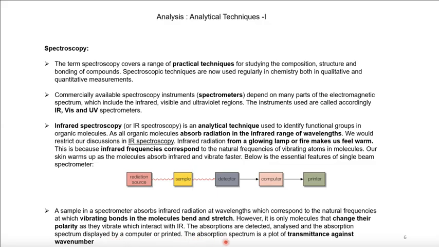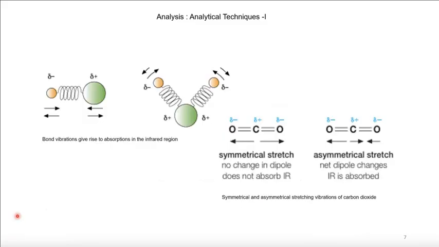And how do we do it? The spectrum is plotted as transmission against wave number. Here the polar molecule vibrates, and therefore there is a polarity change, and that's why this molecule is infrared active.